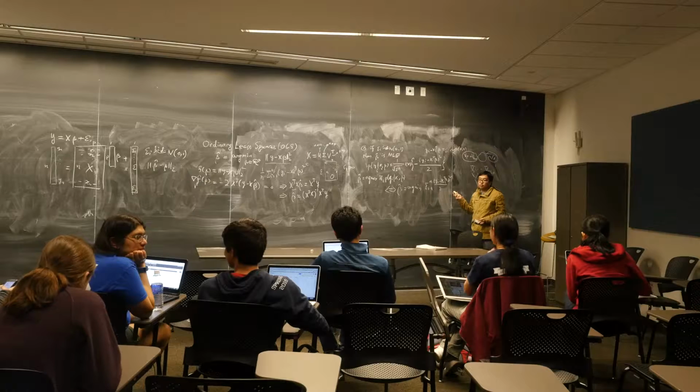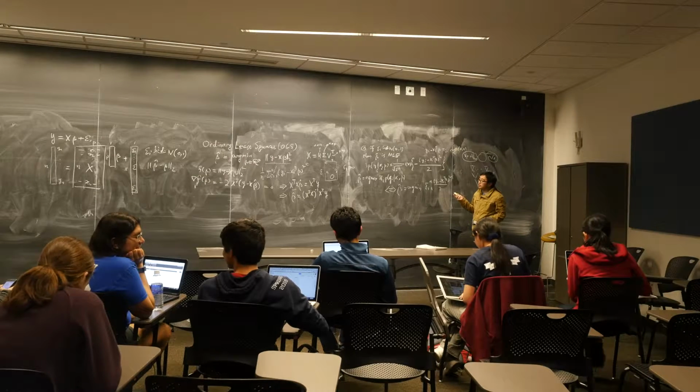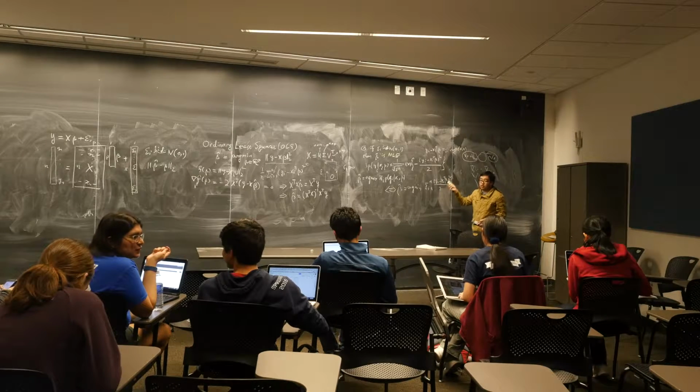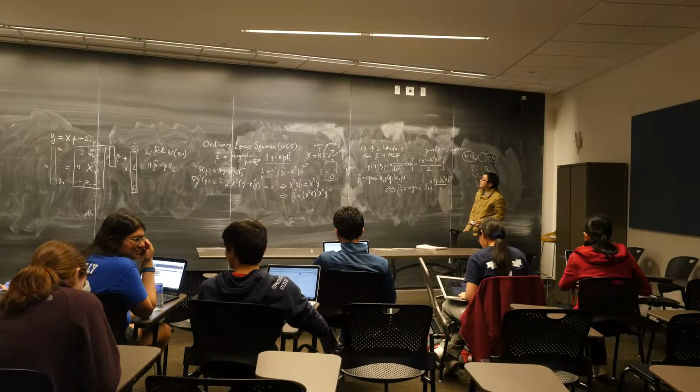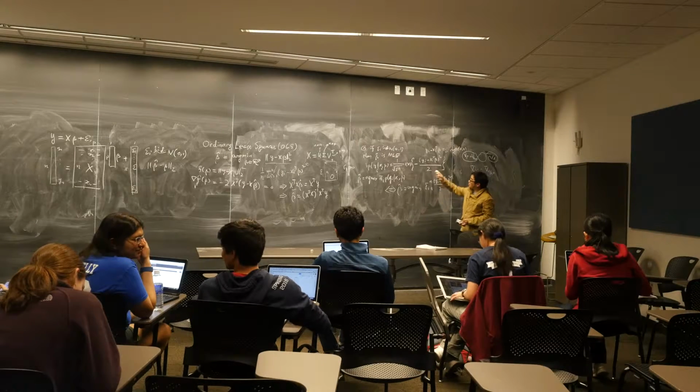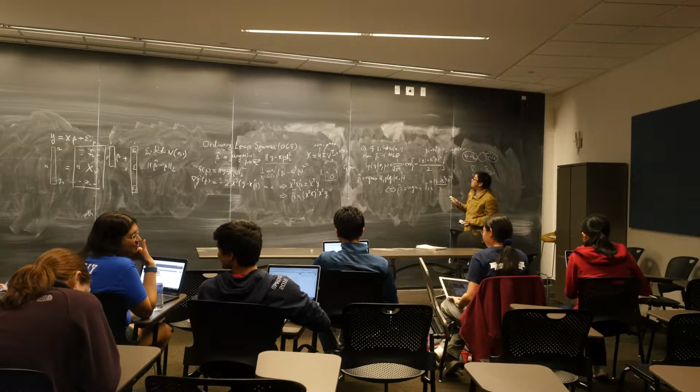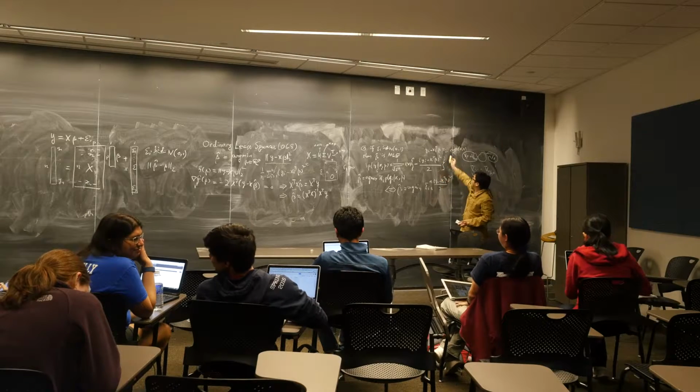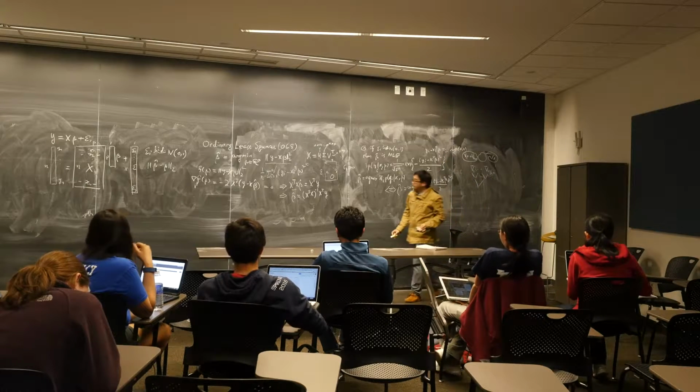So this gives you OLS. This formulation is ordinary least squares. So ordinary least squares is maximum likelihood estimation when epsilon i are IID Gaussian.